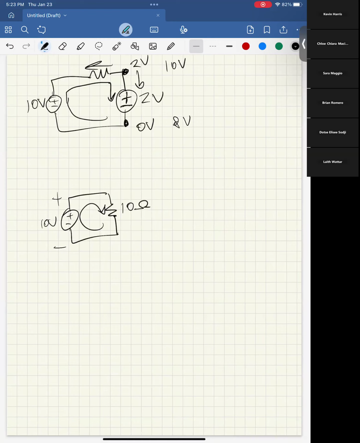All this voltage source does is say the difference between these two points is 10 volts. That makes the current flow, because if I have 10 volts on this side of the resistor and 0 volts here, then I have a voltage across the resistor of 10 volts, and V equals IR for resistors. But don't get too hung up on that.